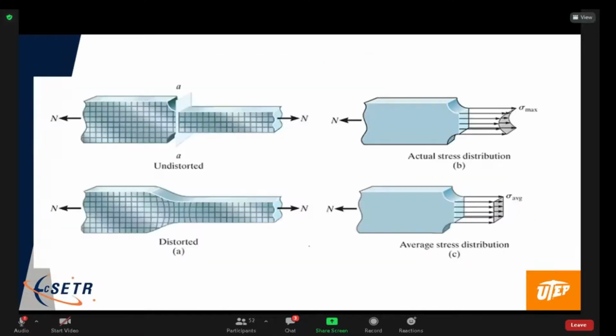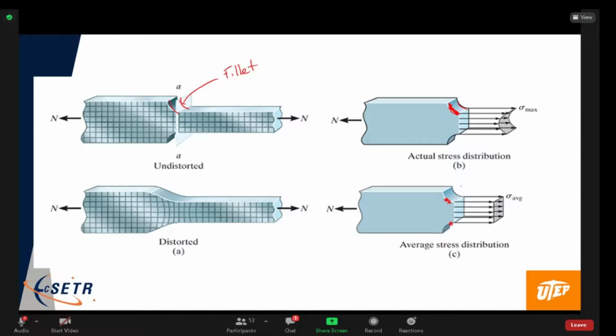Now, another case that the book shows is the stress concentration factor that comes about from having this fillet here. This sort of feature is called a fillet, and that actually produces a stress concentration right in this area. You're going to get stress concentrations right here.